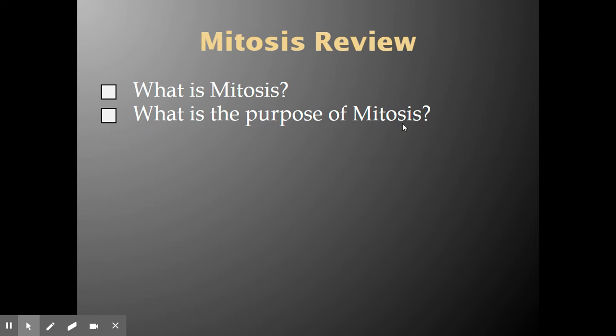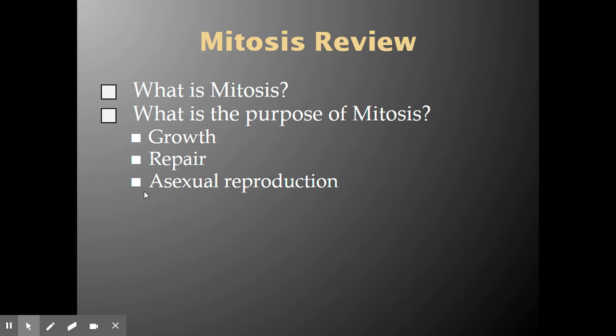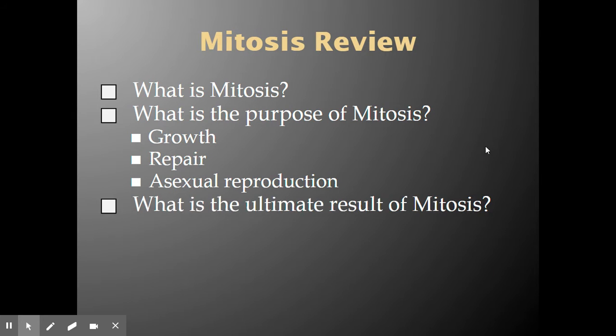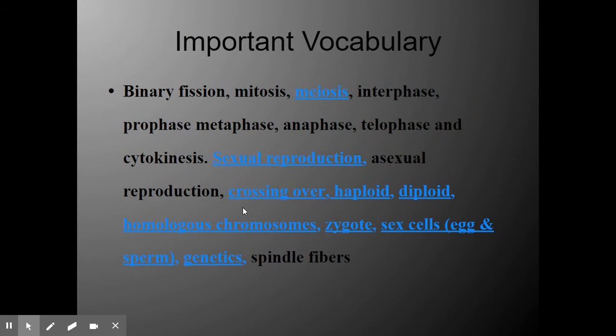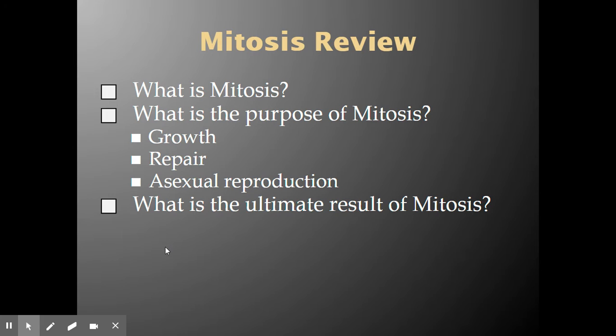That's the purpose of it, to make an exact copy of the cell that you started with, as well as growth and repair. As I said, it's referred to as asexual reproduction. What's the ultimate result? That was the cell that is exactly like the other one. Okay.